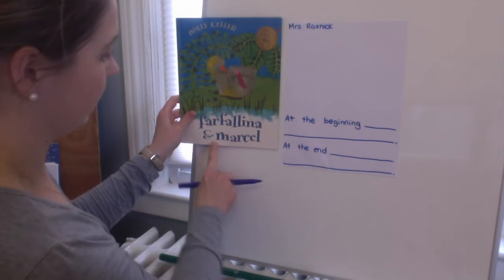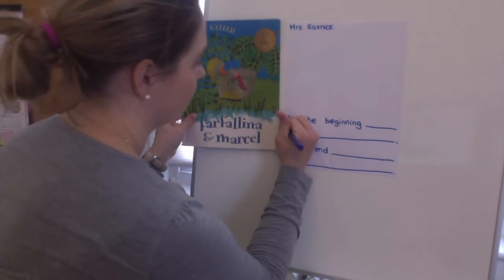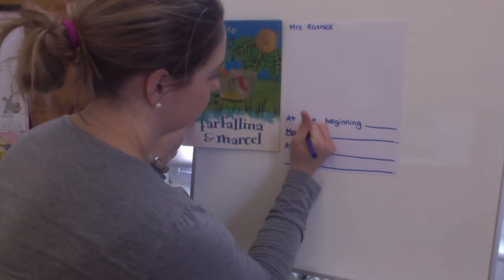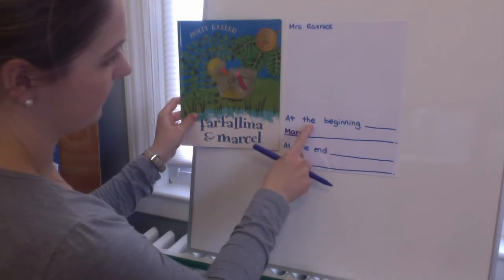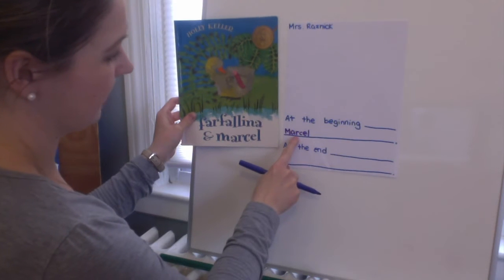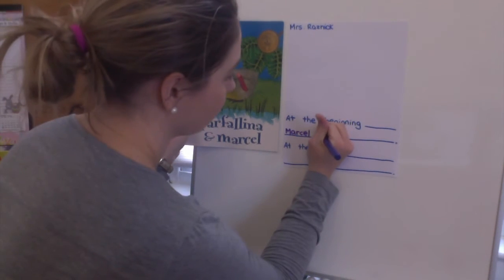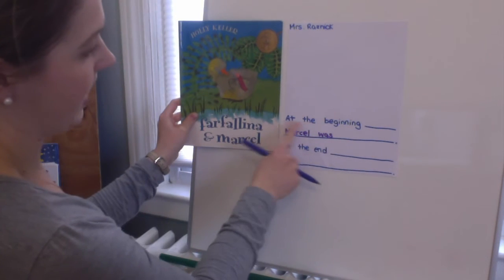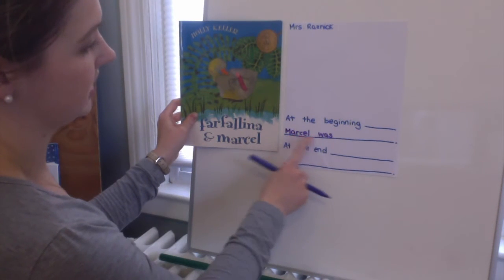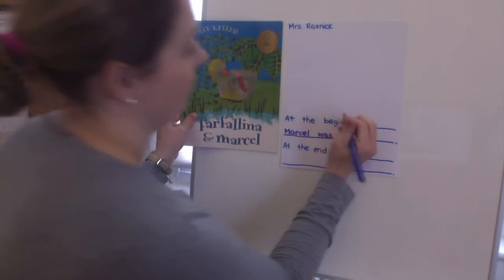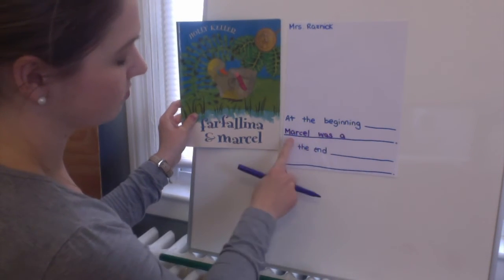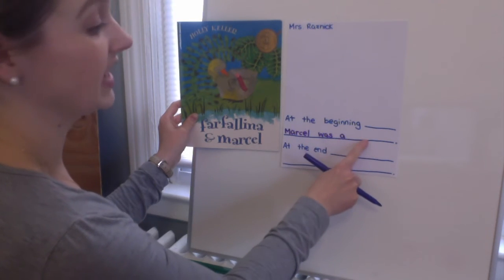At the beginning, and then I'm going to copy Marcel. At the beginning, Marcel was a popcorn word. At the beginning, Marcel was a gosling.